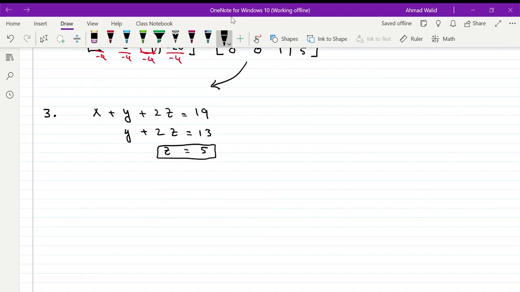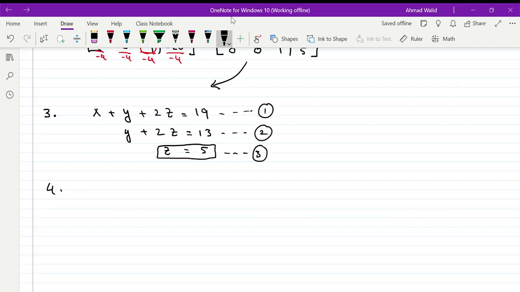Step 4, back substitution. You have the value of one of the variables. Plug it in. If this is equation number 3, if this is equation number 2, and if this is equation number 1, plug in the value of z in equation 2, and easily you can find the value of what?